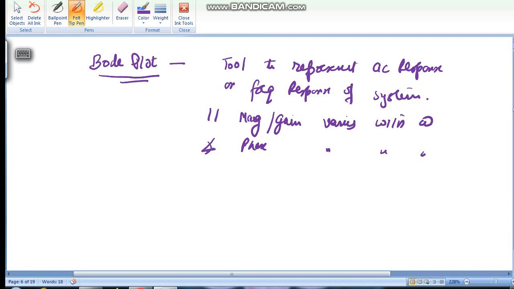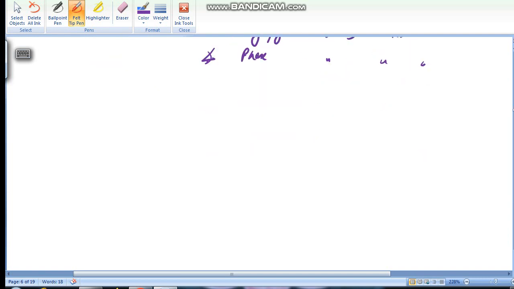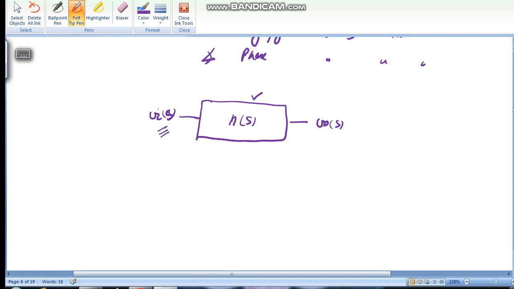So for example, say we have some system, its transfer function is H(s), with an output and an input. Now what Bode plot will do, it will tell how this system is going to respond if the input frequency or frequency of signal is changing.